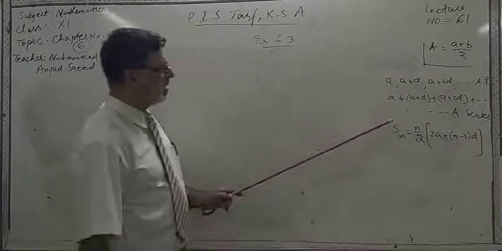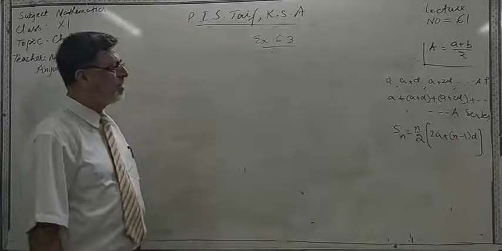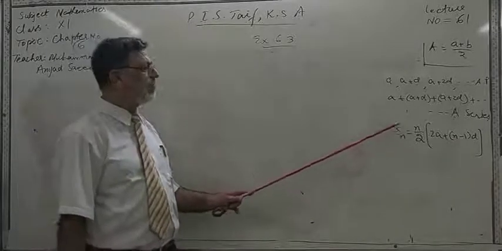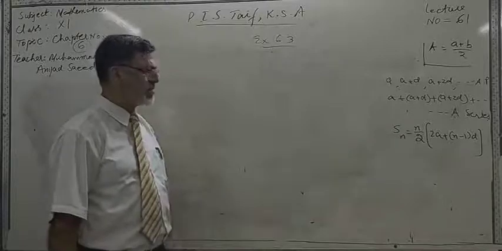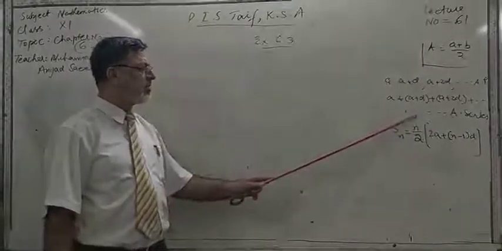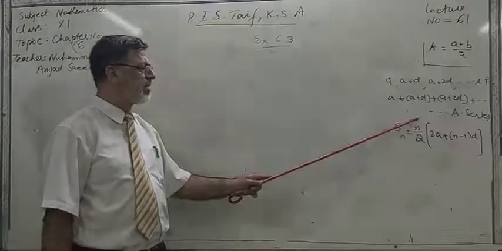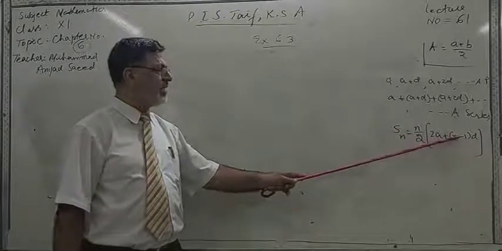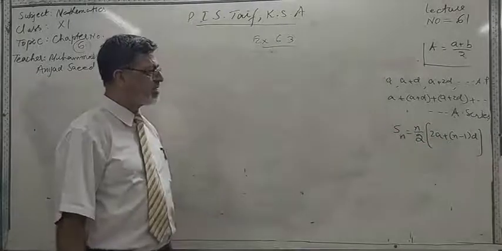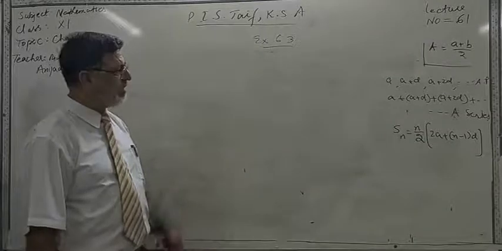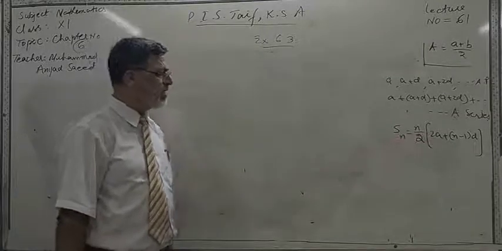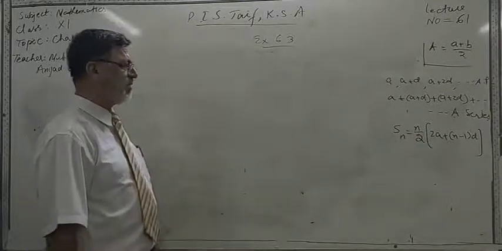This is the sum of arithmetic series formula of n terms. Here n is the number of terms, a is the first term, and d is the common difference. So in this way we can have Sn is equal to n by 2 into (2a plus (n minus 1) into d).